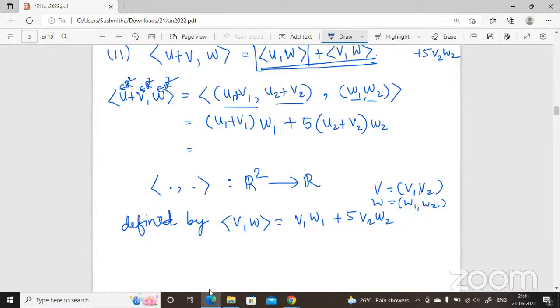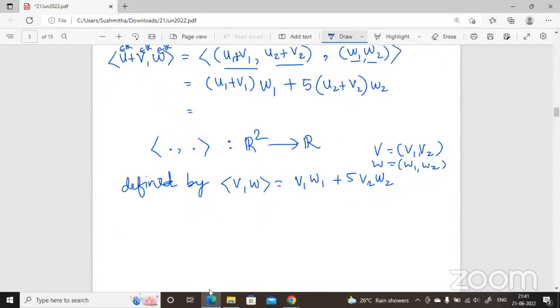This was the question, right? So where is V? V is in R2. This function is defined for these two dots, which are elements of R2.